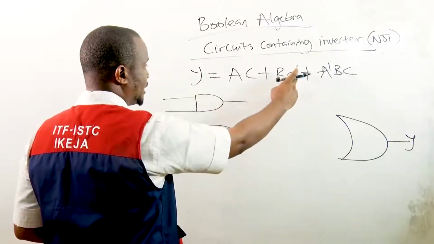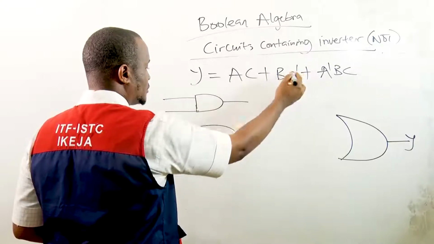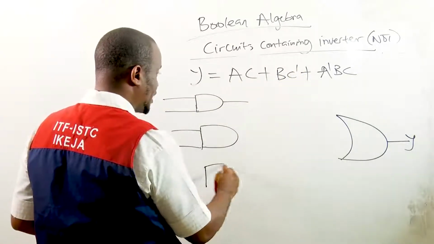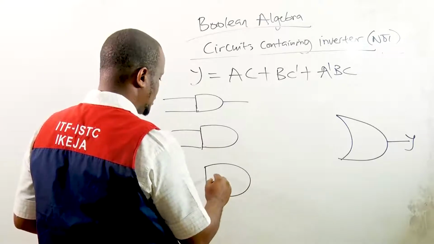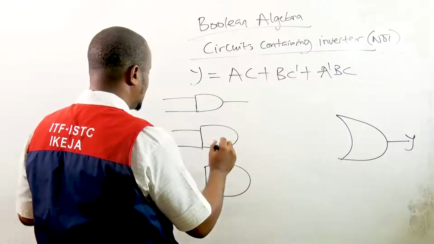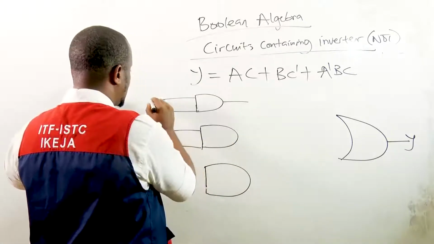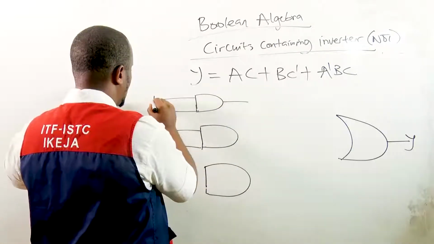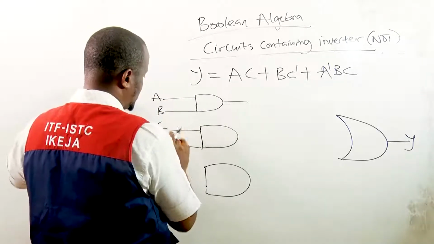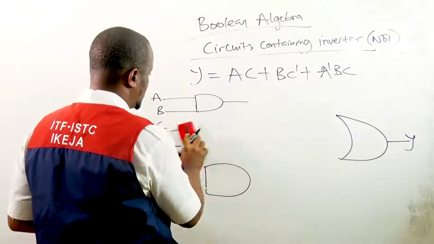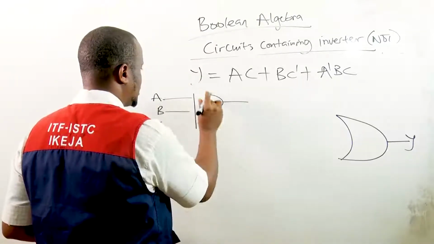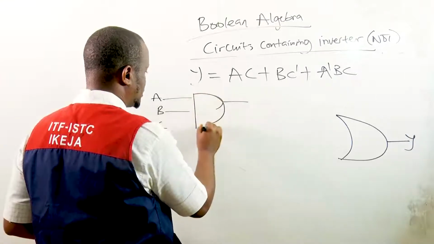Now look at this. There is a prime. So for the C, there should be a prime, and then we also have the third one, A, B, and C. So let's say we have 3 values here, A, B, and C. Okay? So let's assume that this is a circuit with about 3 inputs and gates.